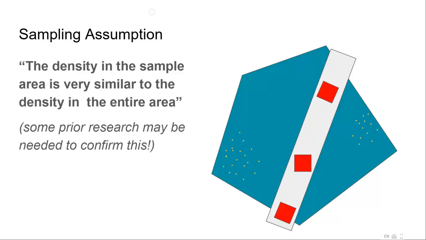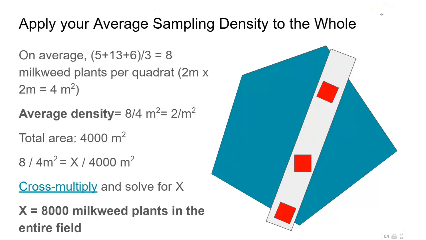The sampling assumption is that the density across the entire area is the same kind of density that we might see in the quadrats.